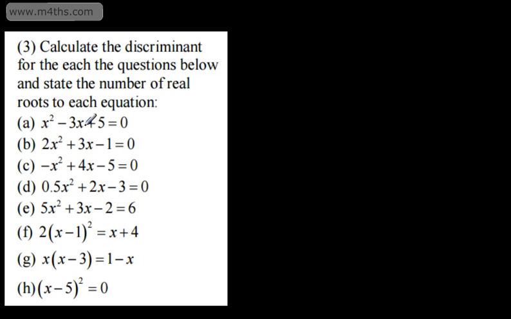Let's look now at E. So with E, the value of a is going to be equal to 5. The value of b is going to be equal to 3. Here comes the big error. The left hand side is not set to 0, the right hand side is 6, so we need to write that c is going to be minus 2, subtract 6, that's going to give me negative 8.